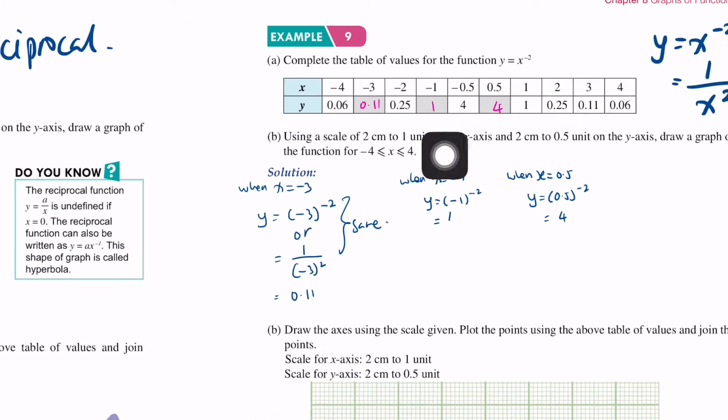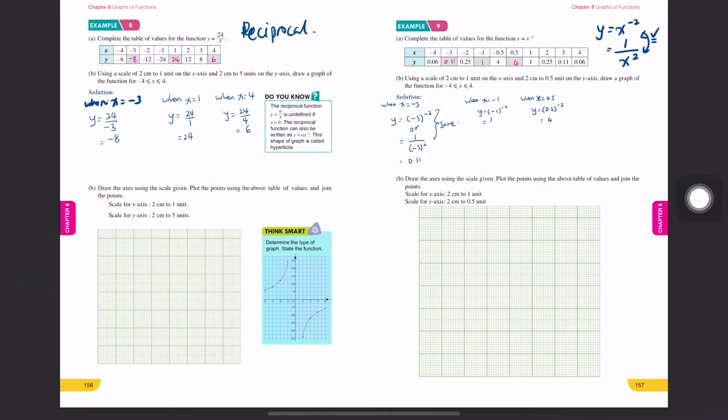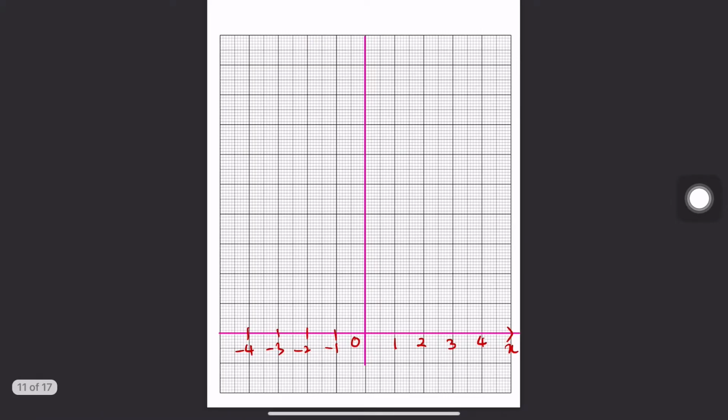Let's look over here. This is the range, negative 4 to 4. Next, for the y-axis we have 2 centimeters for 0.5 unit, so this is 0.5, 1, 1.5, 2, 2.5, 3, 3.5, 4.